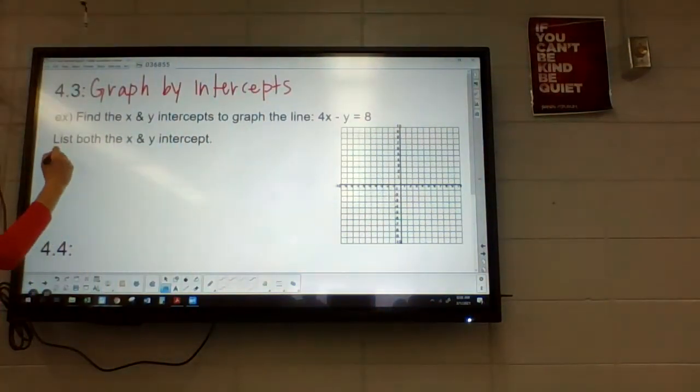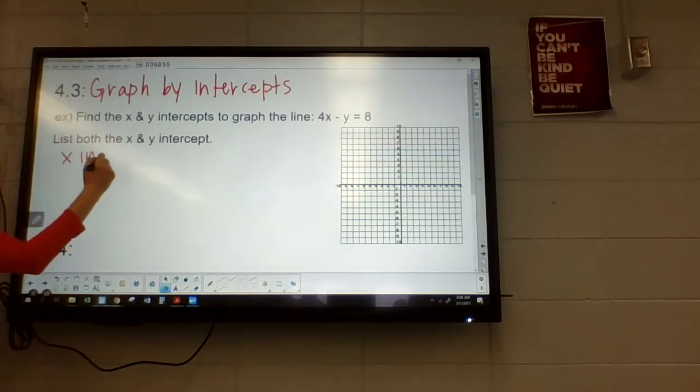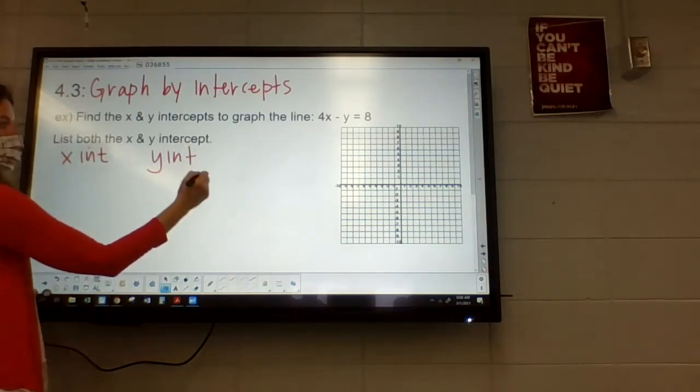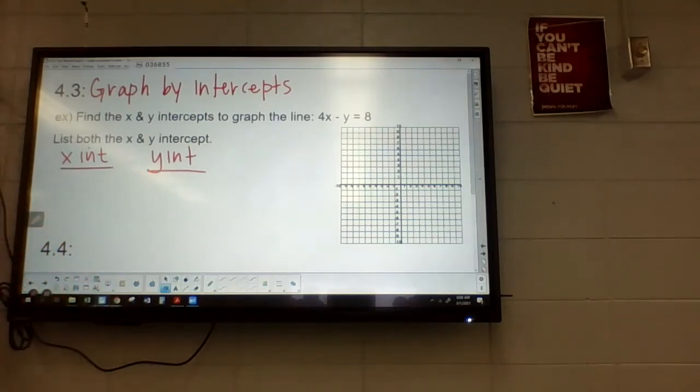And it tells me to list both the x-intercept and the y-intercept. So I'll have a spot on the test for you guys to be able to list that for me and show me what you know about that intercept. So I'll have like a little line for you so you don't forget to tell me that.